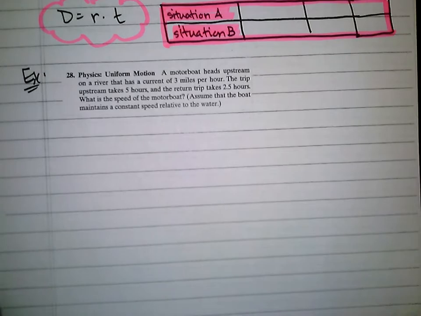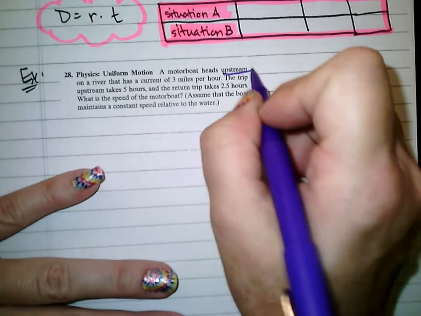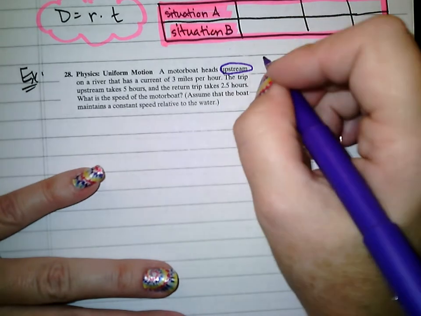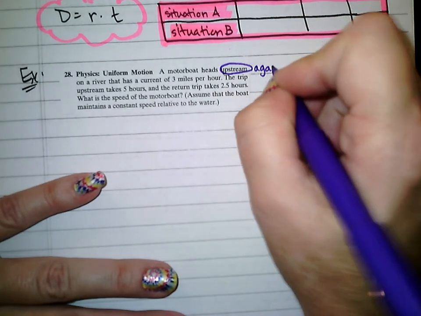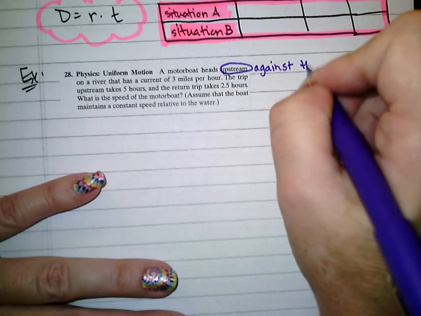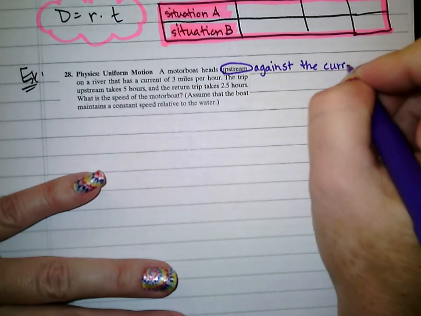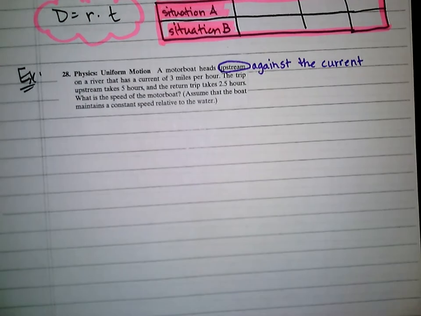We have a motorboat that heads upstream. Upstream means that you're going against the current, on a river that has a current of 3 miles per hour. The trip upstream takes 5 hours, and the return trip takes 2.5 hours.